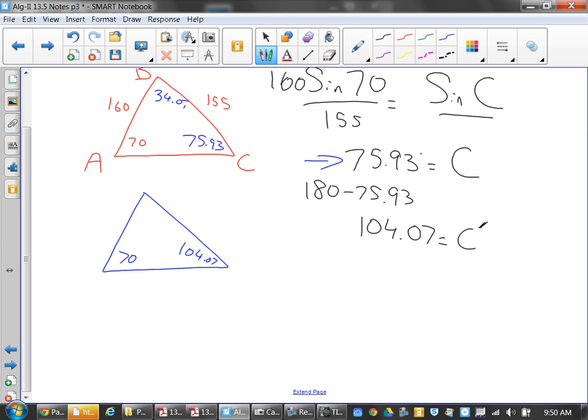What do you get? 5.93. So how many possible triangles can I get off of this? Two of them. What this allows you to do is to check and see if you could create a secondary triangle with the angle B, with your leftover angle. That's what this does.